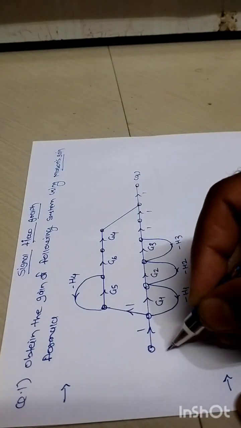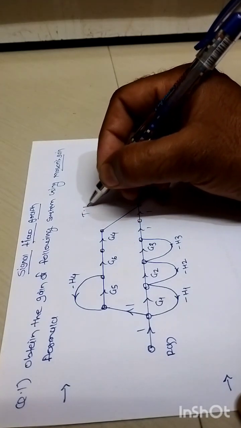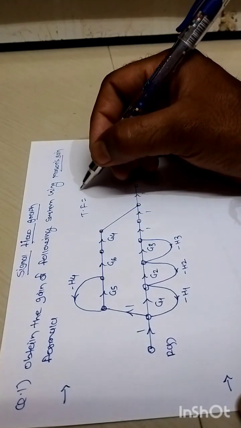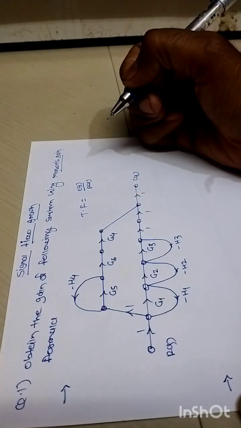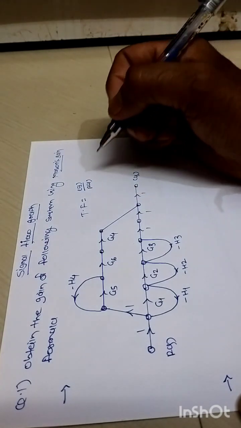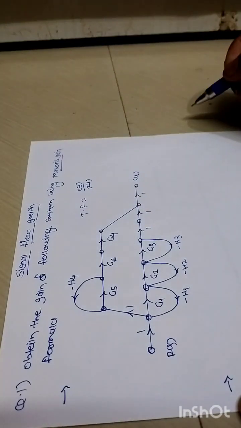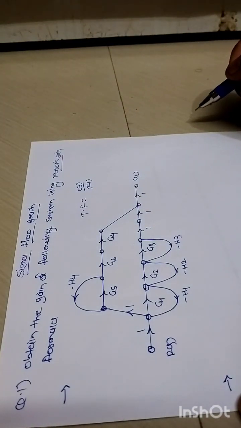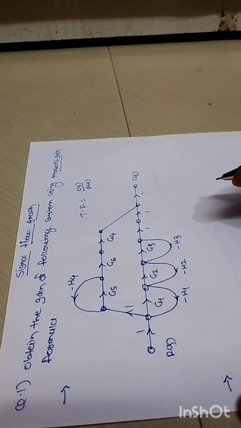The transfer function is the ratio of output to the input of that system in the S domain. This methodology was invented by Samuel Mason, so on behalf of his invention, the formula is named Mason's gain formula.